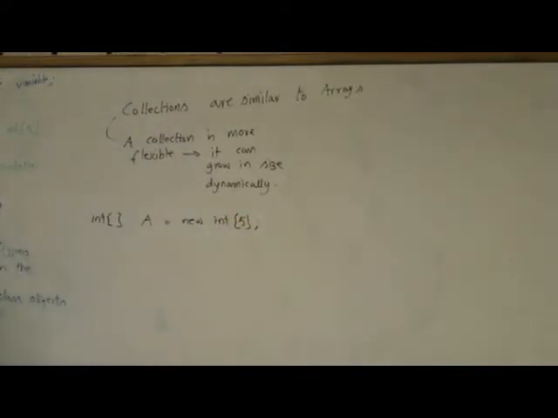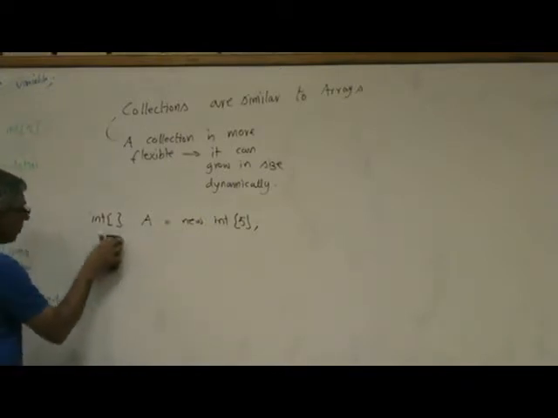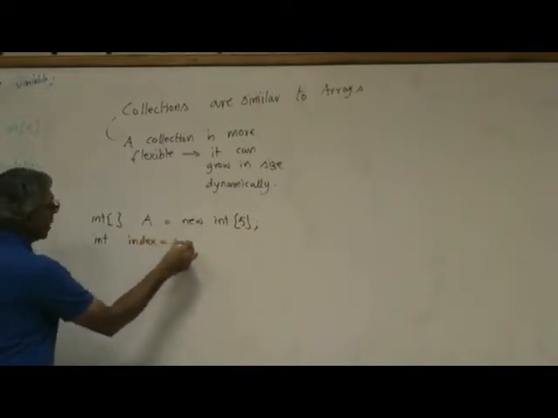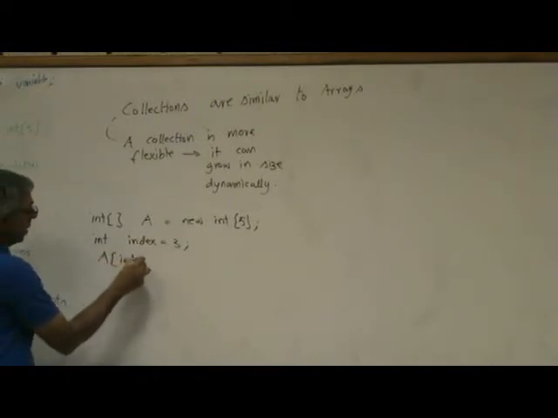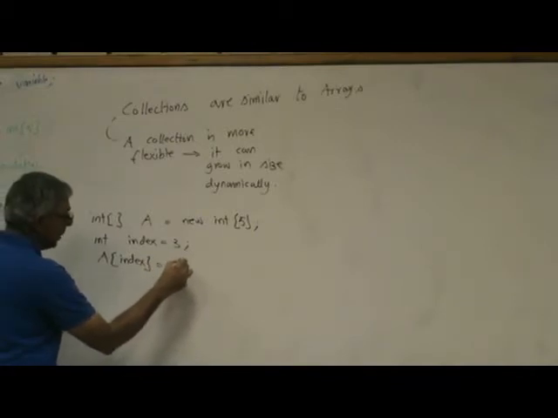Then you declare a variable, int index equal to 3, and then you say A of index equal to, let's say, 27.